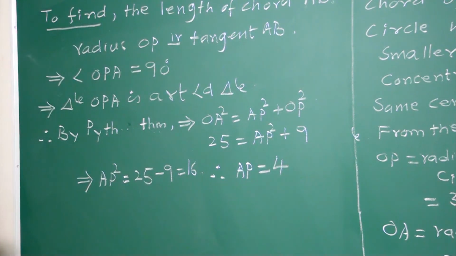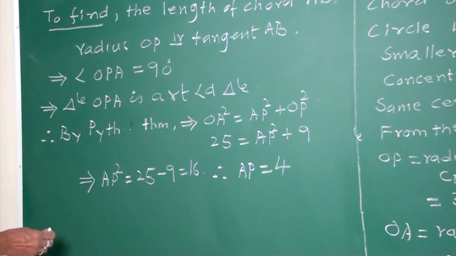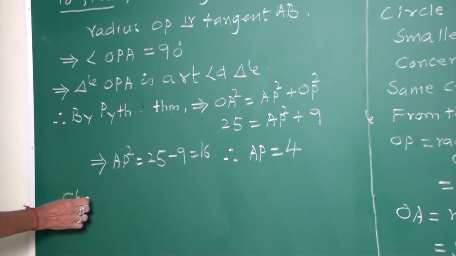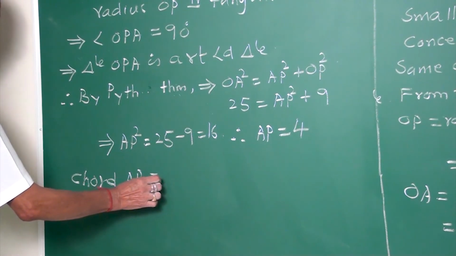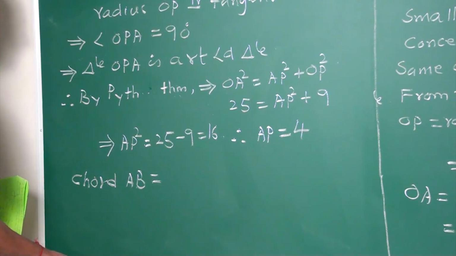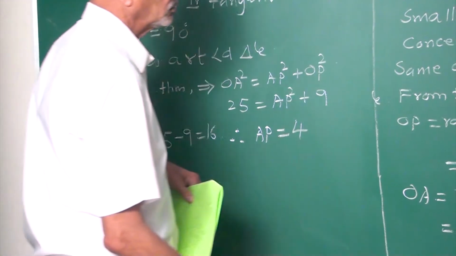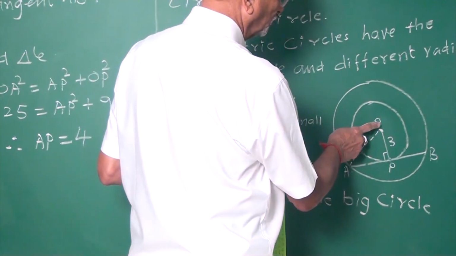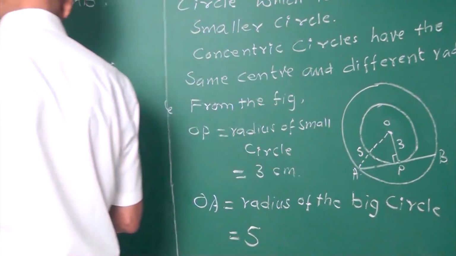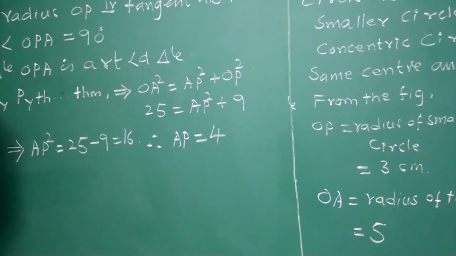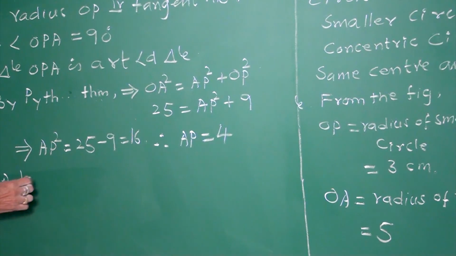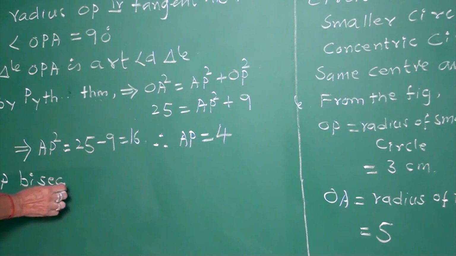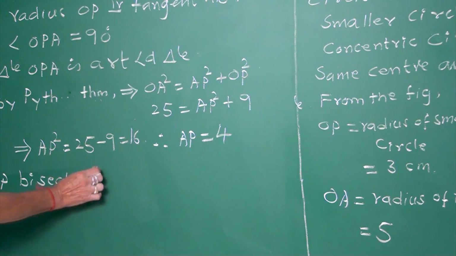AP is 4. Then what is the length of the chord AB? And one more thing, this OP bisects AB, that we have to write. OP bisects the chord AB.